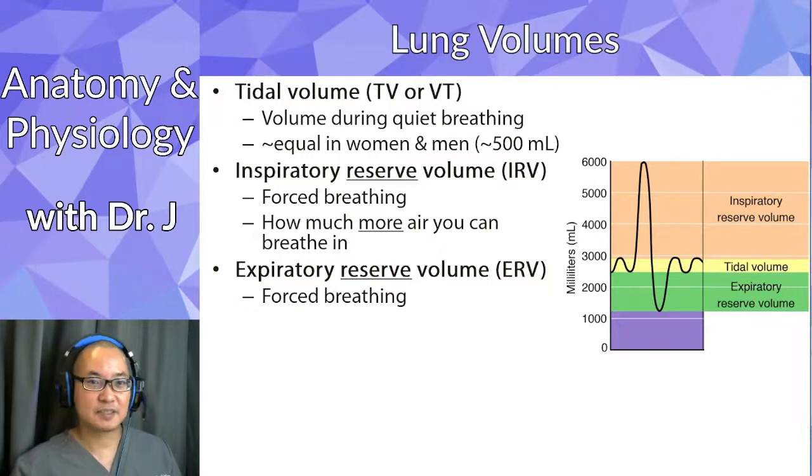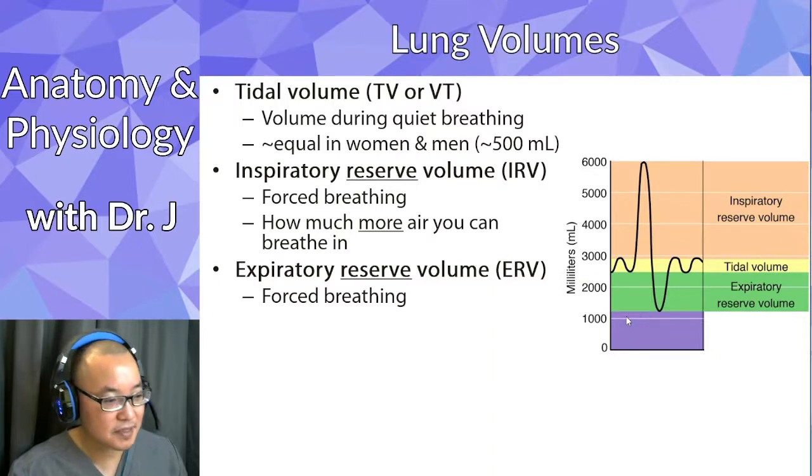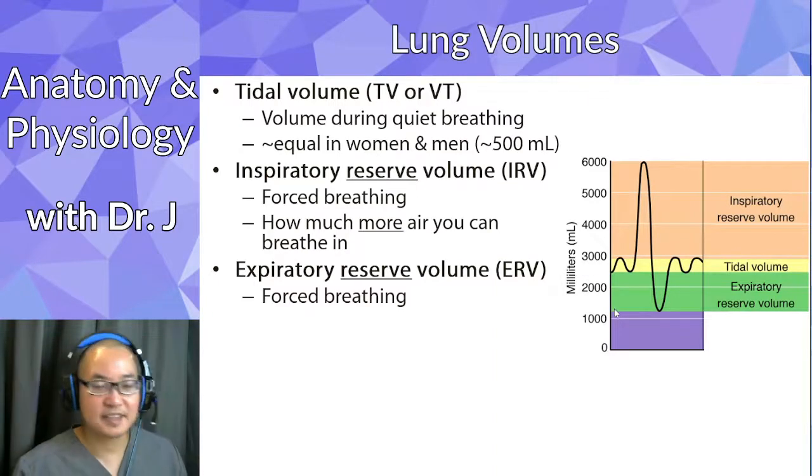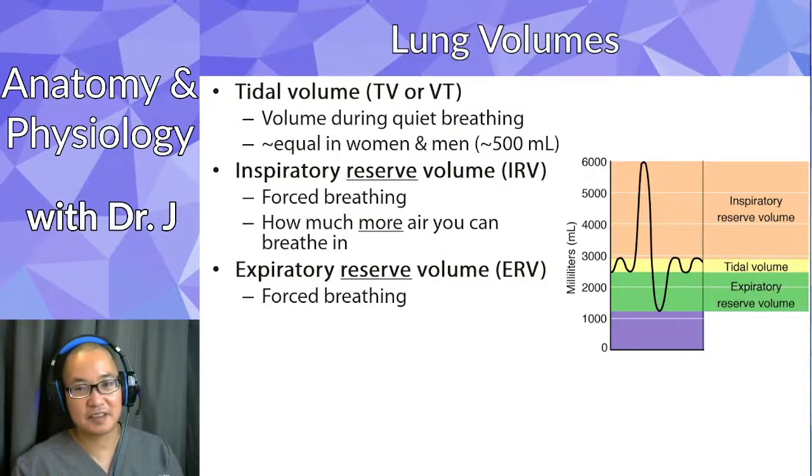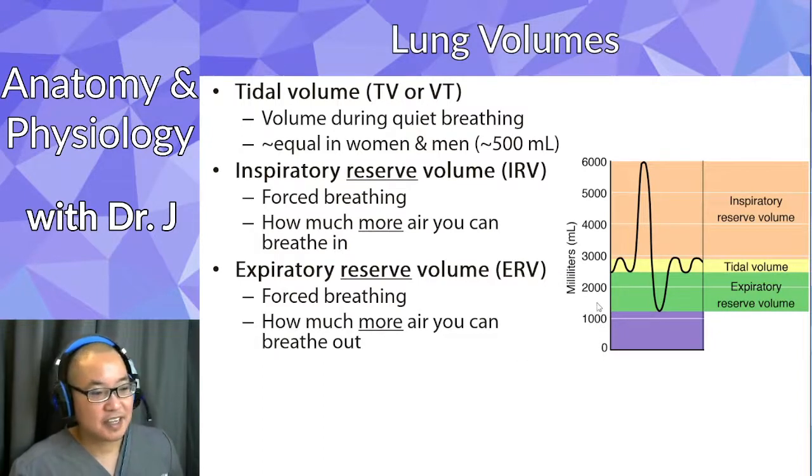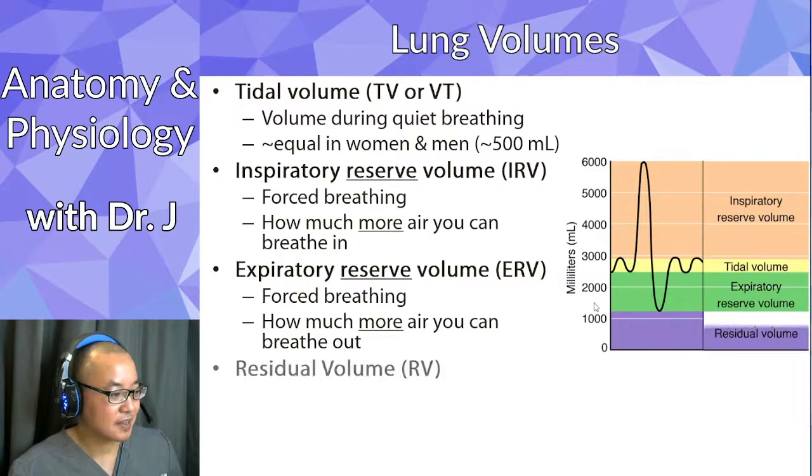You're trying to force as much air out as you can and compress your lungs as much as you can. So you measure valley to valley. Here it's about 2,500 minus, let's estimate, maybe 1,200. So this would be around 1,300 expiratory reserve volume for this graph. Again, it's how much more air you can breathe out.